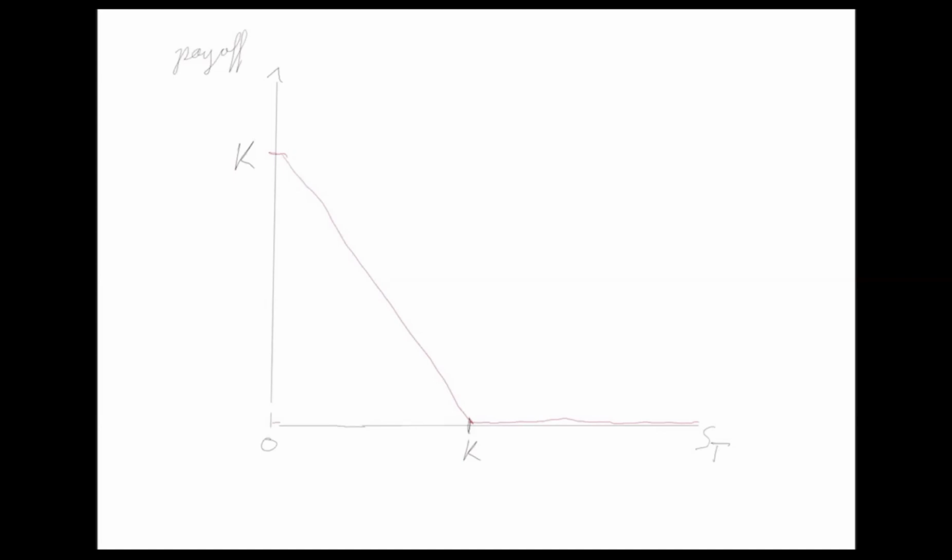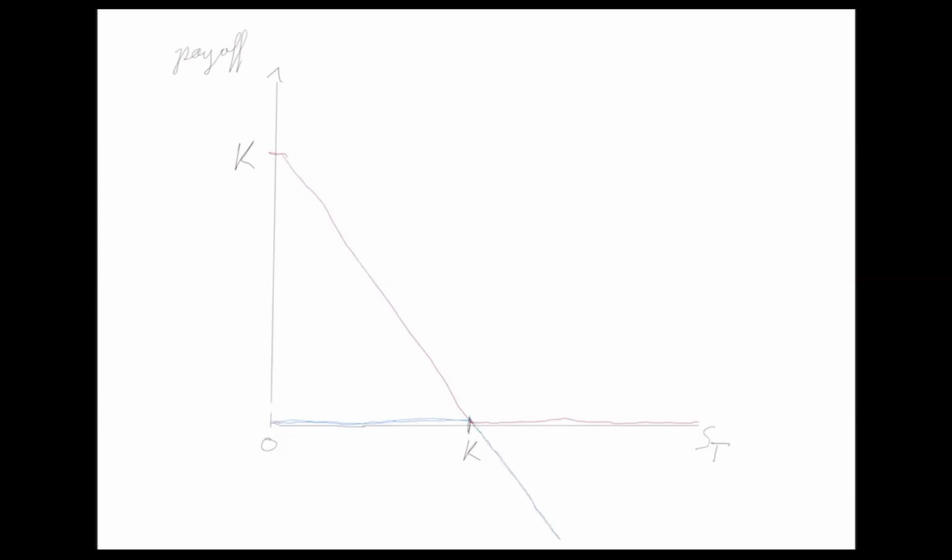Short selling a call option means that the long position is not going to exercise that call option when the price of the underlying is below K. So that means we get a 0 payoff. But then once the price of the underlying goes above K, then we get a payoff which is equal to that negative 45-degree line.